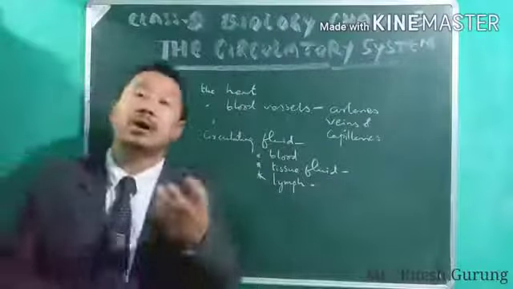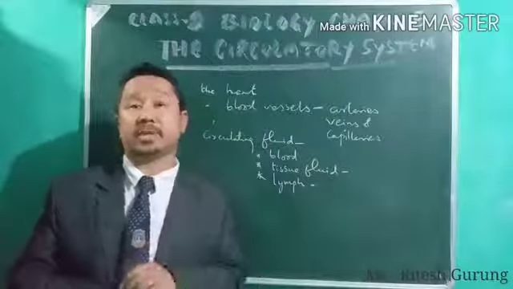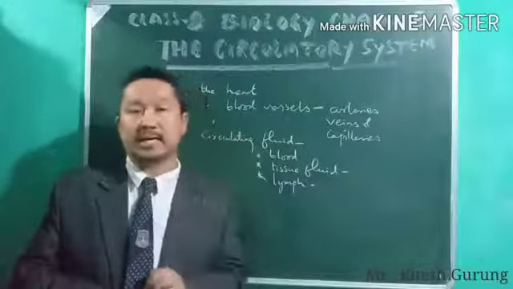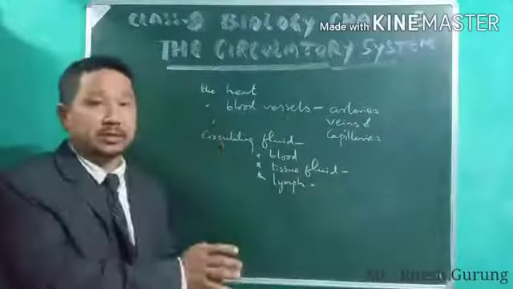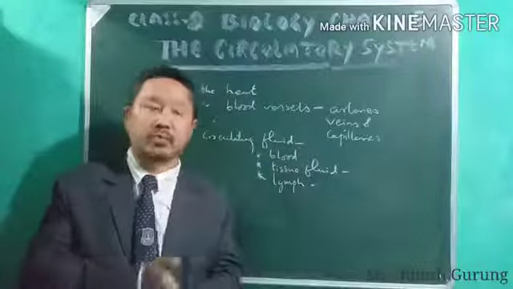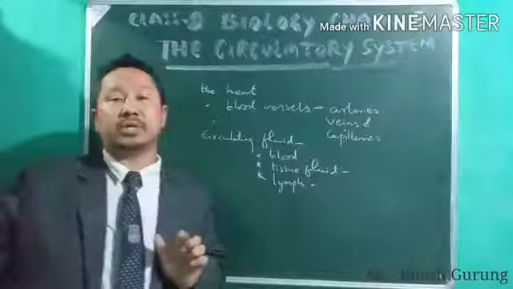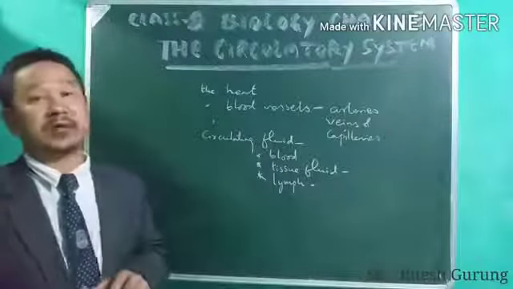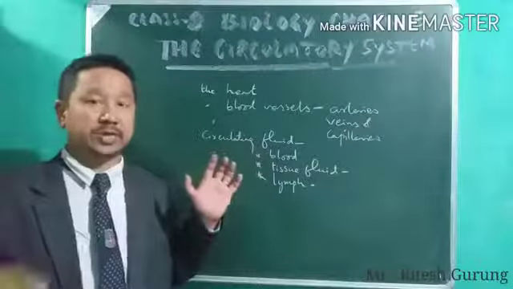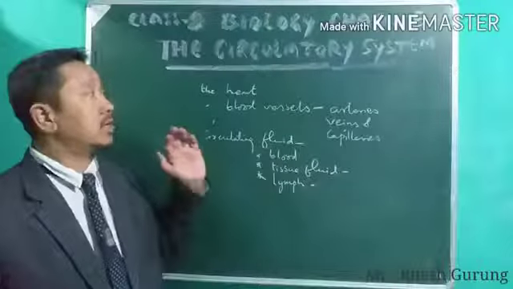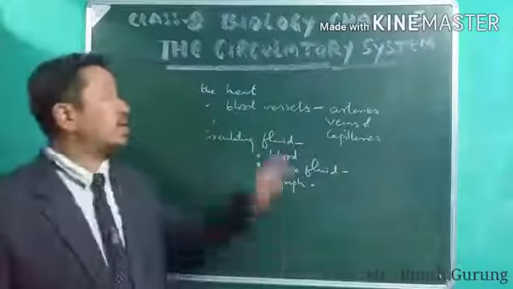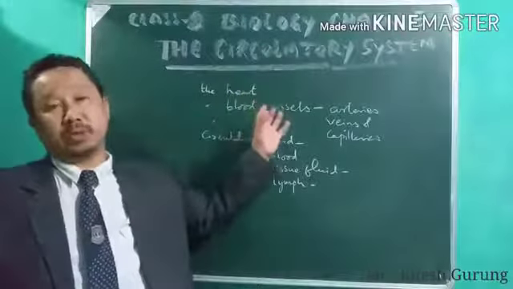Besides this, there are hormones, which we have recently finished. Hormones are produced by the endocrine glands, and from those regions they are to be taken to the different regions where they can perform their functions. This is also done by your circulatory system. So these are the reasons why we need the circulatory system.